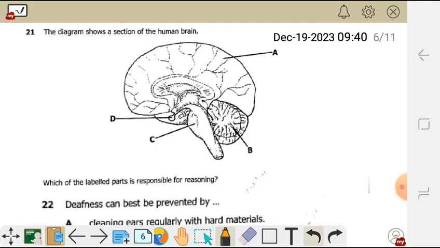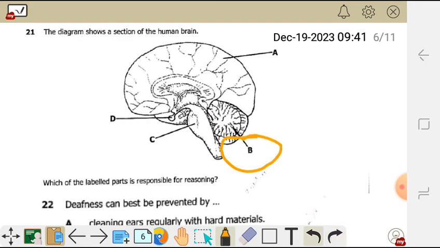The diagram shows a section of the human brain. Which of the labeled parts is responsible for reasoning? So these are the labeled parts of the brain. We have the cerebrum, the cerebellum, the pituitary gland, and the medulla oblongata. The pituitary gland regulates production of hormones in the body.